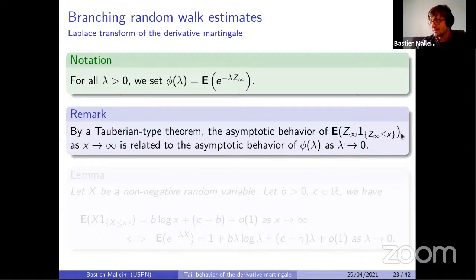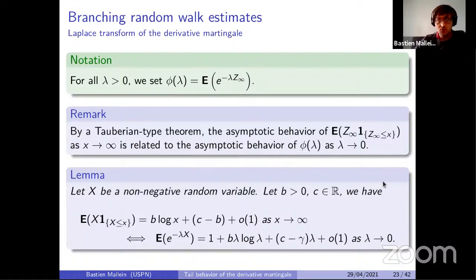So instead of looking at this quantity directly, we looked at the asymptotic behavior of the Laplace transform of the derivative martingale. If I want to be a little bit more precise, the expectation of Z infinity times the indicator that Z infinity is smaller than little x behaving as some constant times log x plus a second constant is equivalent to the Laplace transform of Z infinity behaving, as lambda goes to 0, as 1 plus some constant times lambda log lambda plus c minus gamma, where gamma is the Euler-Mascheroni constant, times lambda.